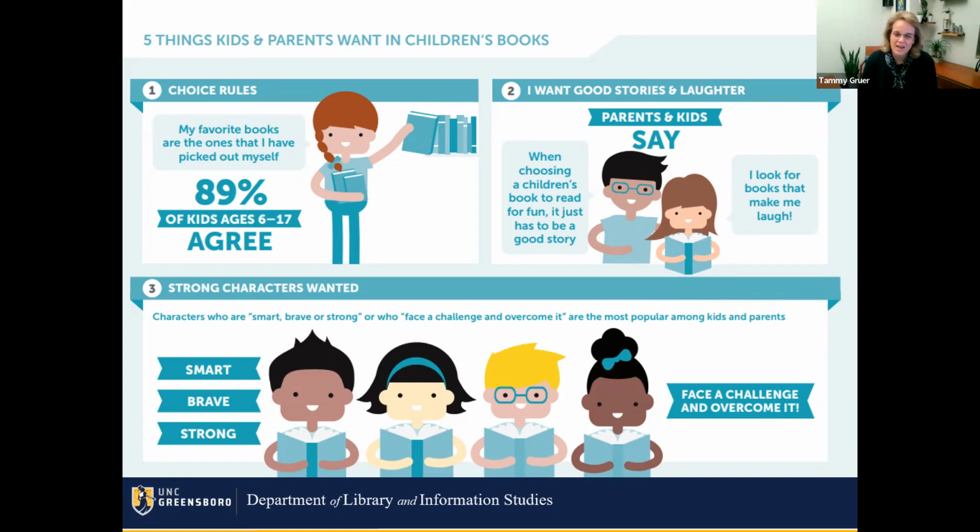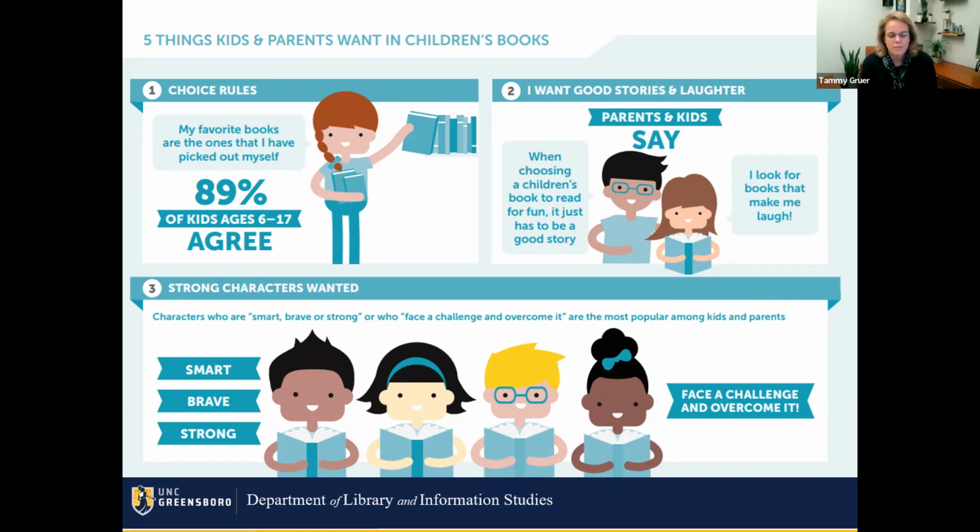They want to have choice in what they're reading. When you start to select for them, they start to not want to read, right? So we can motivate and encourage and do some readers advisory to talk to them about how books are alike and different, but we've got to make sure we're encouraging them and giving them the opportunities to choose the types of books they want to read.